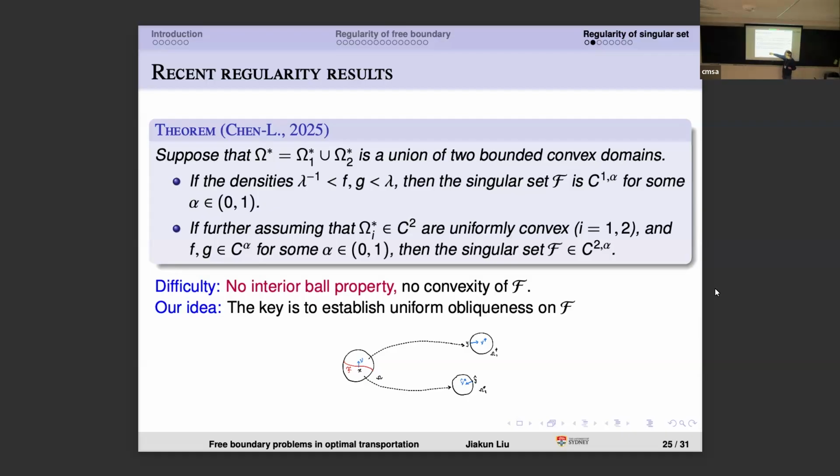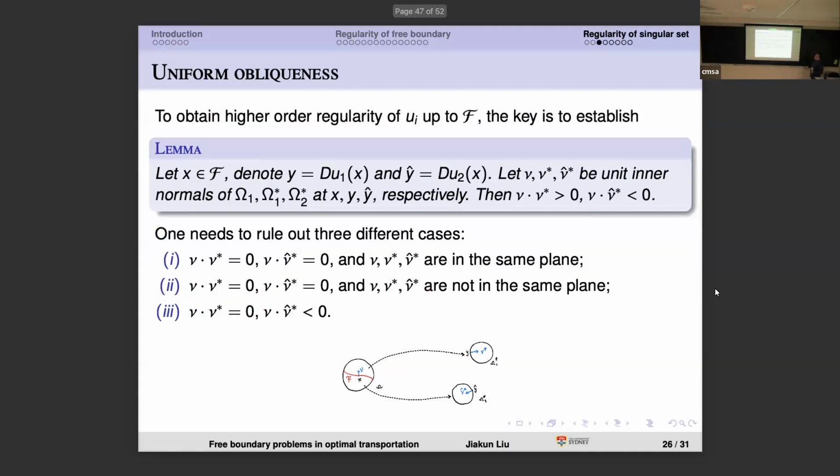So every point here, you have a normal direction, and correspondingly, you have two targets. You have two normal directions on each. So obliqueness means you have to prove obliqueness holds on the first target and obliqueness simultaneously holds on the second part. Once you have such a simultaneous obliqueness, then you can prove the regularity and you can go higher.